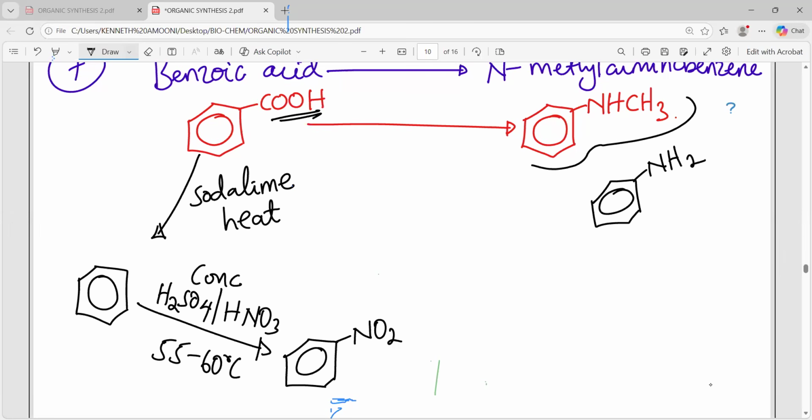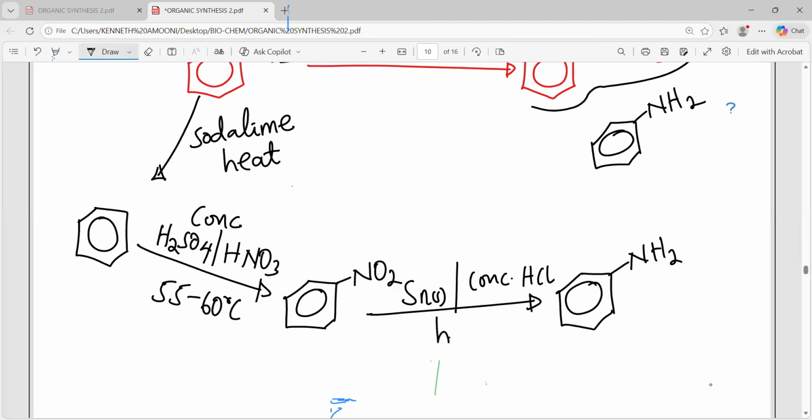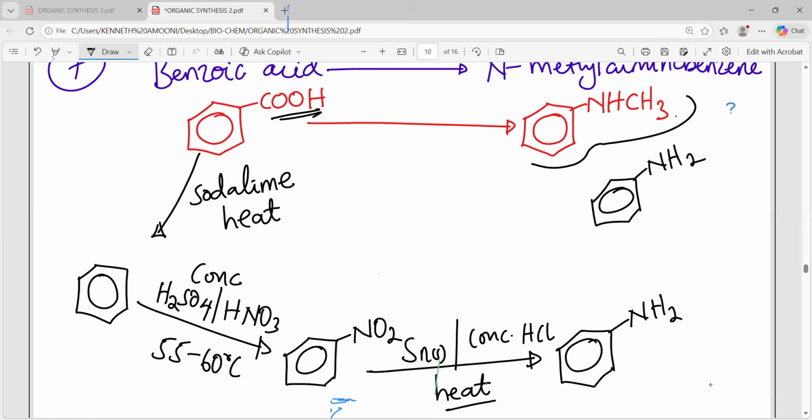And then from here, I can move to phenylamine. You use tin in the presence of concentrated hydrochloric acid, and then you're going to heat. And then after that, from here, you can now move to the final product.